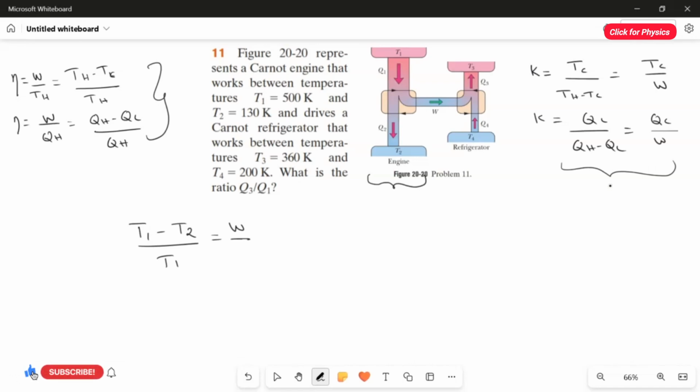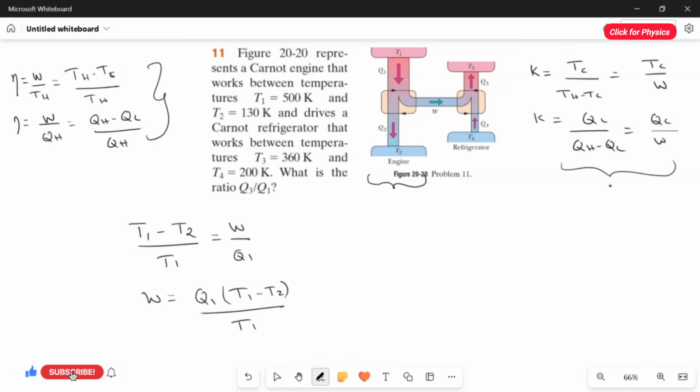QH here is nothing but Q1. From this, I'm going to rearrange this equation in terms of work done. Therefore, work done is equal to Q1 multiplied by T1 minus T2 over T1.